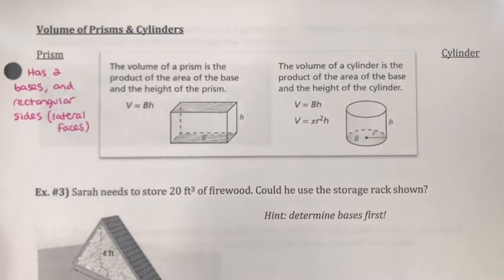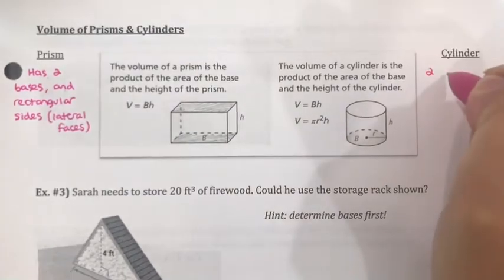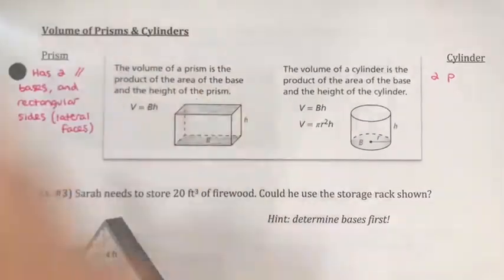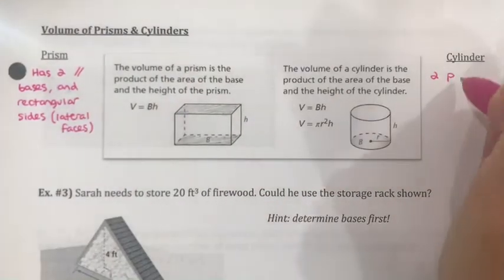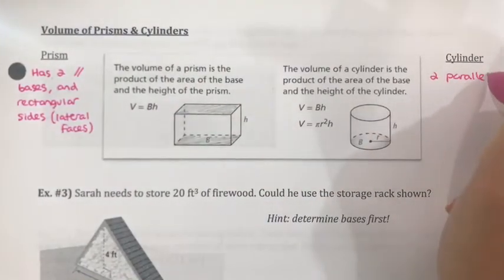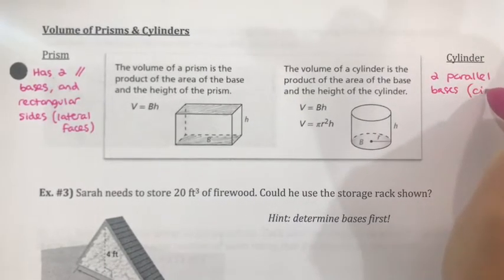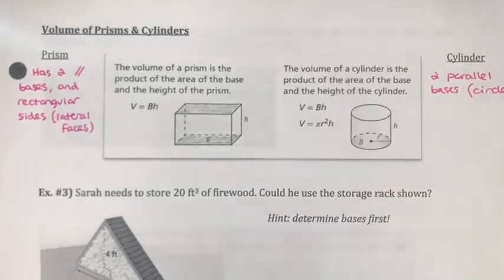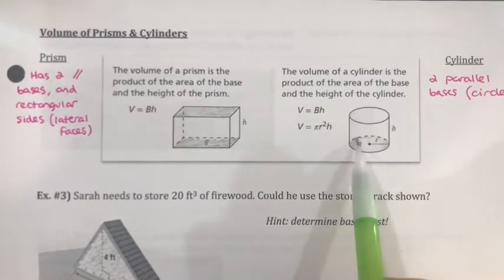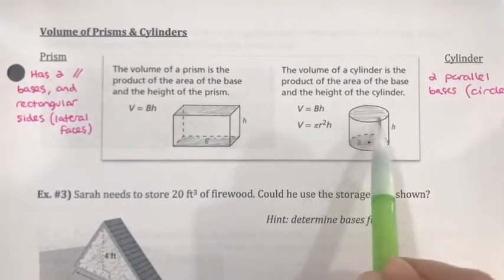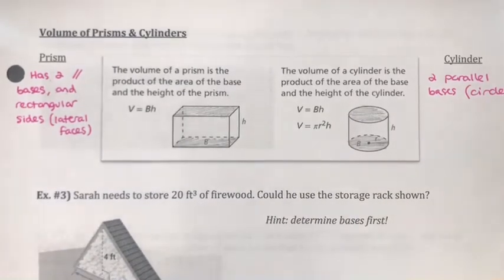The only difference is that the bases, oh, and we should write two parallel bases that are circles. Okay, so you'll notice that the base on bottom and the base on top, these are both circles and they are parallel to each other.